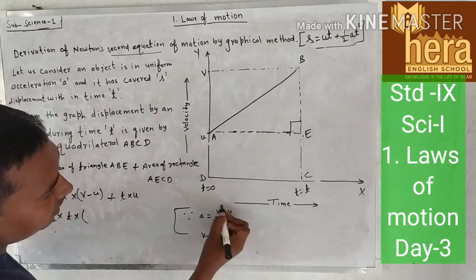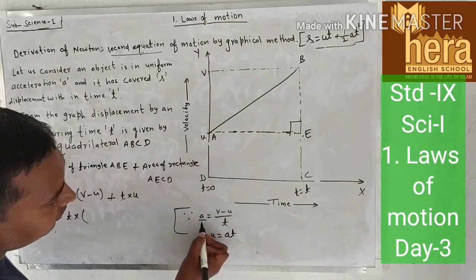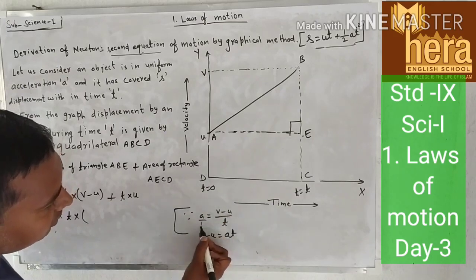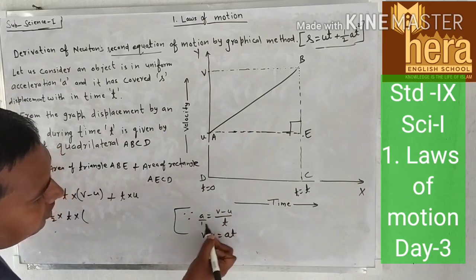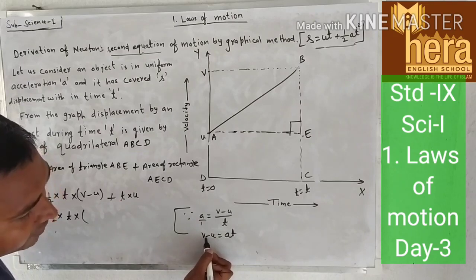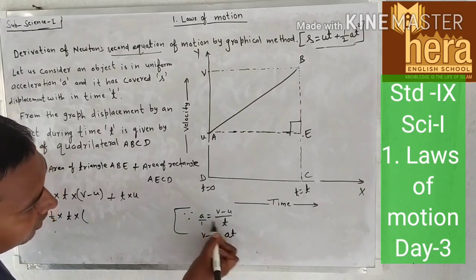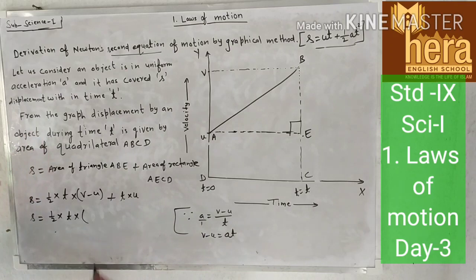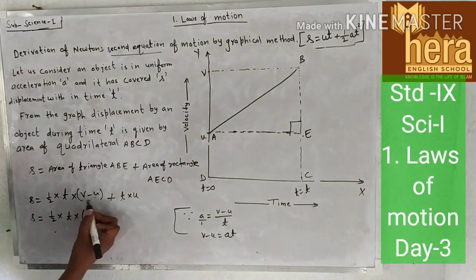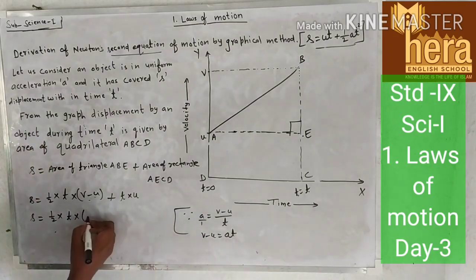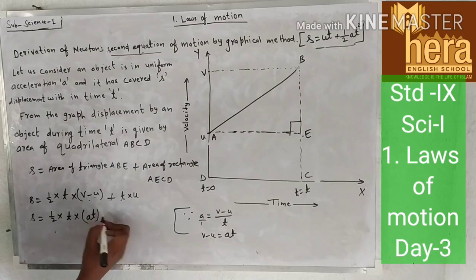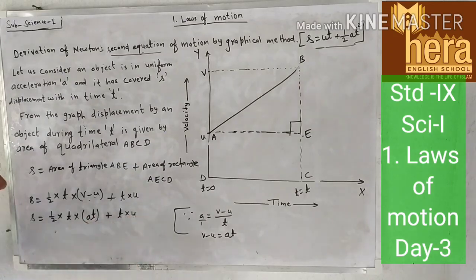In place of v minus u, you can write at. So write here at plus t into u.